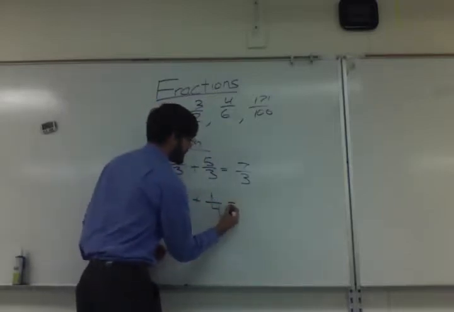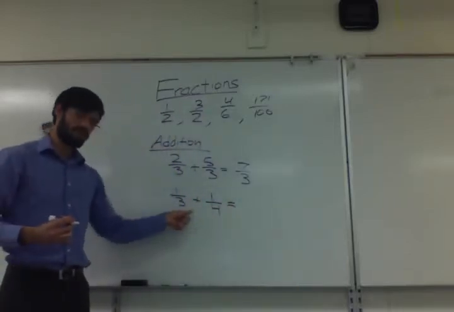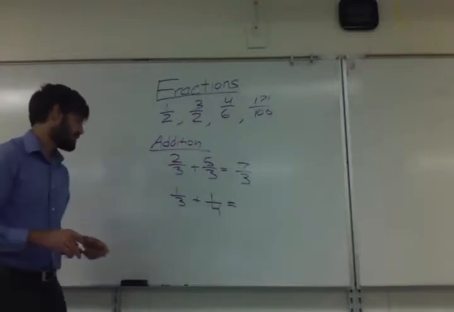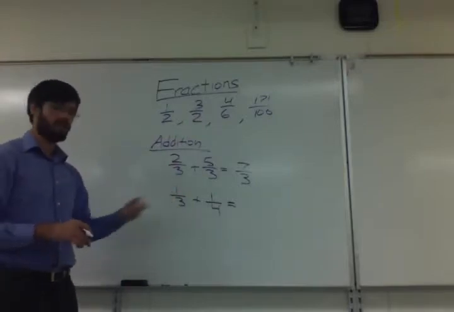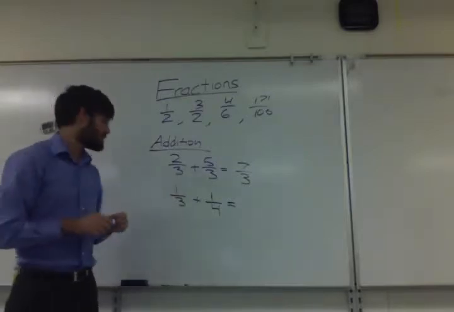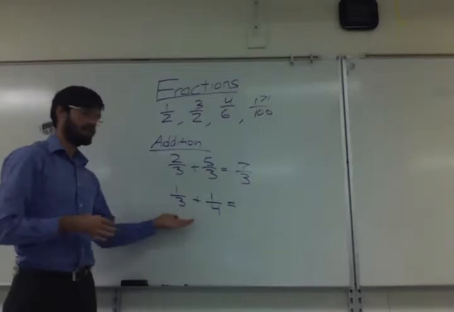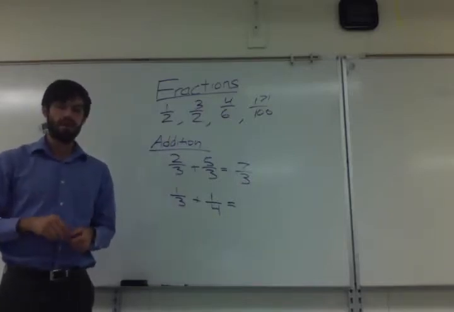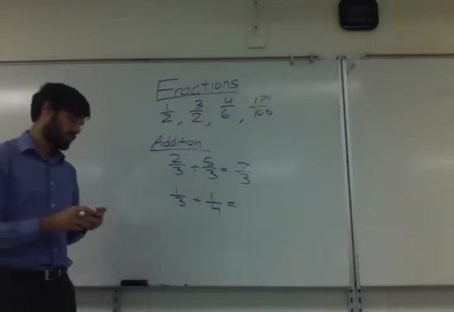So if we want these to have a common denominator, we want them to have the same denominator, we would need to multiply each of them to get the denominator to 12. And the way that we're allowed to do that is using the fact that in algebra, we're always allowed to multiply a number by 1, and we'll still have the same equation.